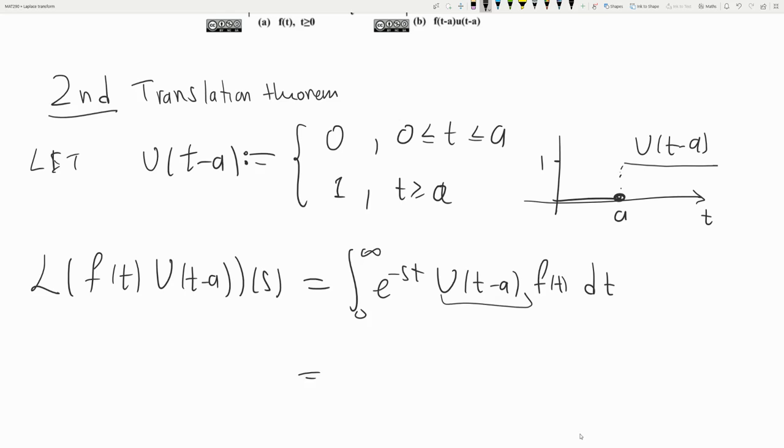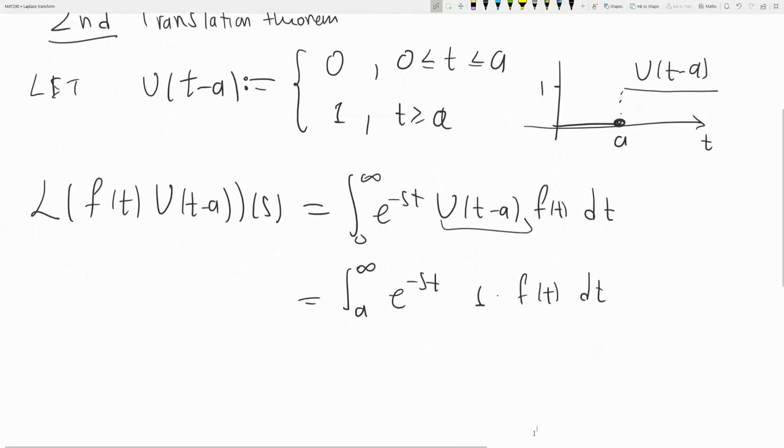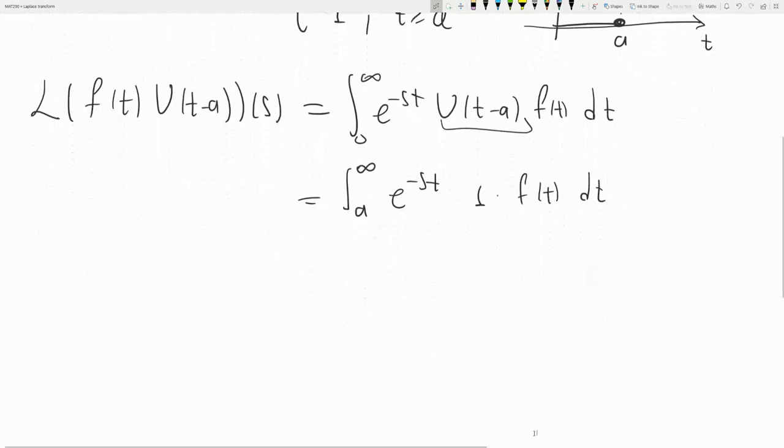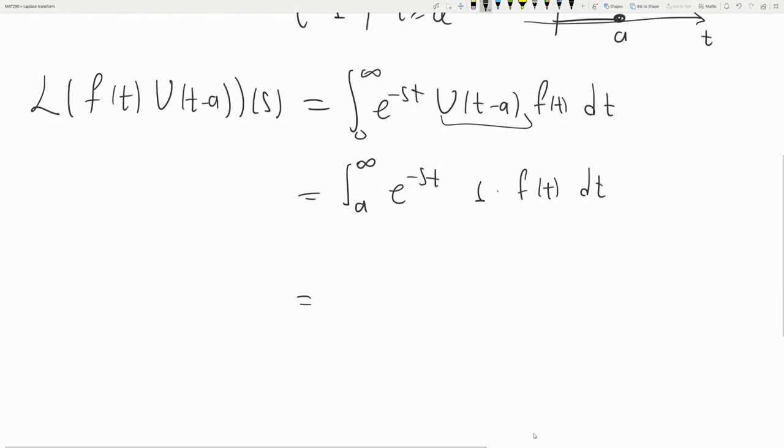So it restricts it to a to infinity, because it's 0 from 0 to a. Okay, then you shift it back to 0.